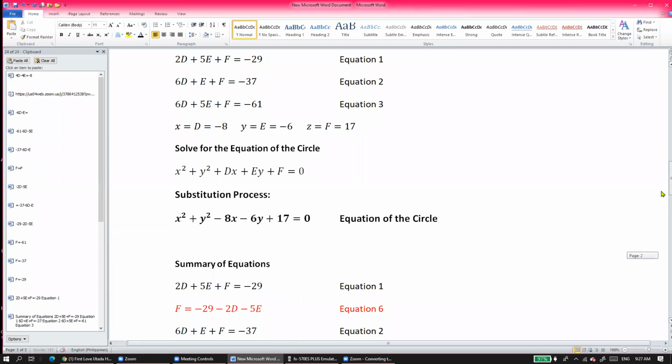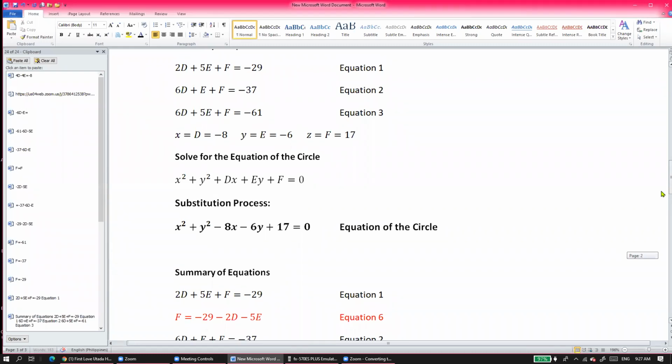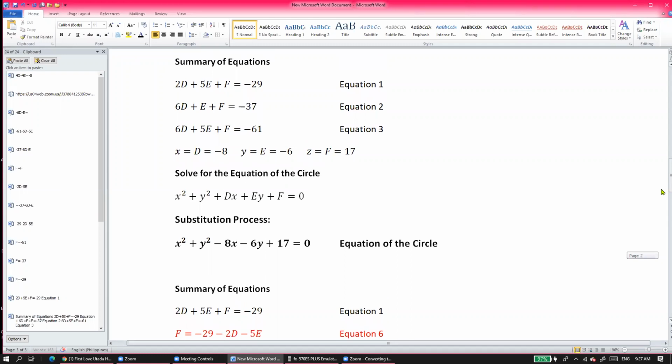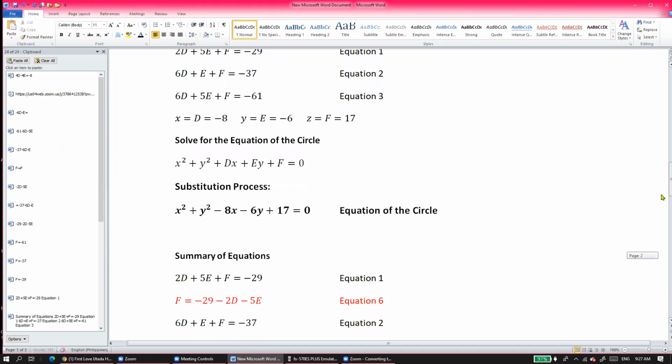Yan yung equation natin kanina, di ba? Negative 18, negative 16. But dito, negative 8, negative 6, and 17 tayo. Samantalang dito, ang nahanap natin, negative 18 and negative 16.